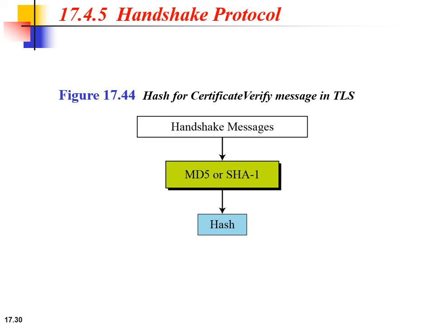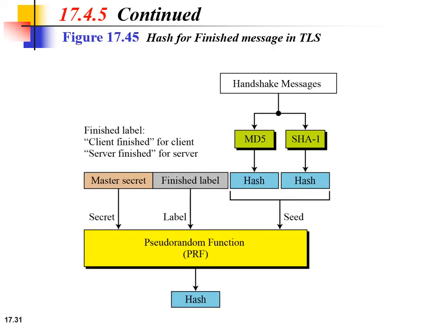But in TLS, it has simplified the process. Here the hash is only over the handshake messages. In TLS, the calculation of the hash for the finished messages has also been changed, as TLS uses the pseudorandom function to calculate two hashes used for the finished messages.